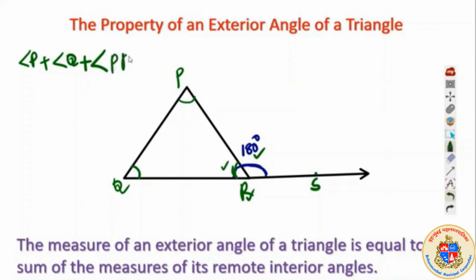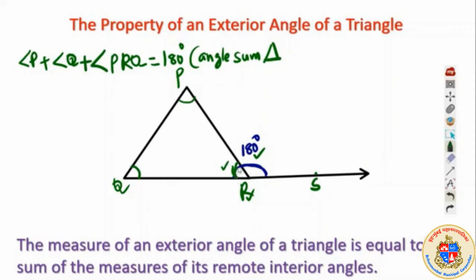So the inner one will be equal to 180 degrees. Why? Because of the angle sum property of a triangle. Now I am also supposed to write, this PRQ is inside.